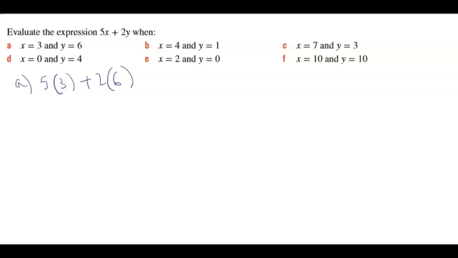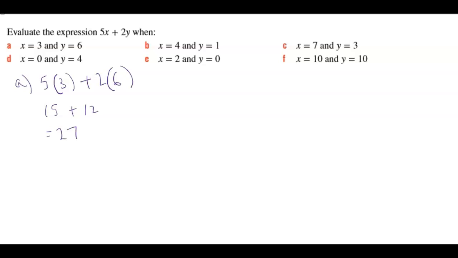So you can see here, I've got 5 times x, so x is 3. So that's why it's 3 there. And then 2y, in this case, y is 6, so it's 2 times 6. So 5 times 3 is 15, and then 2 times 6 is 12, and then add them together, and we get 27.